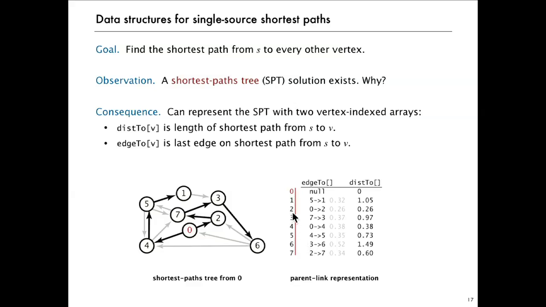Then we go to 3 and say the way we get to 3 is from 7. We go to 7, and the way we get to 7 is from 2. We go to 2 and that's the way we get to 0. If we put all those edges on a stack, we can return them as an iterable to the client, and that gives the edges on the shortest path. So those are the data structures that we're going to use for shortest paths.